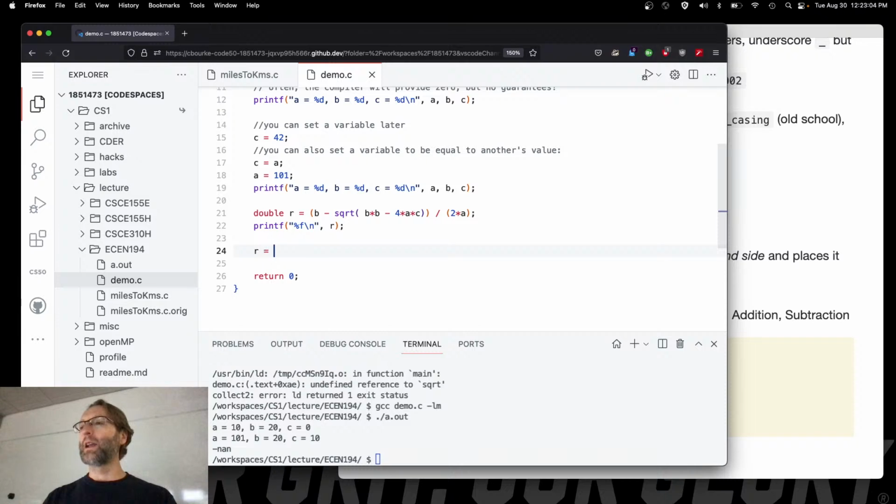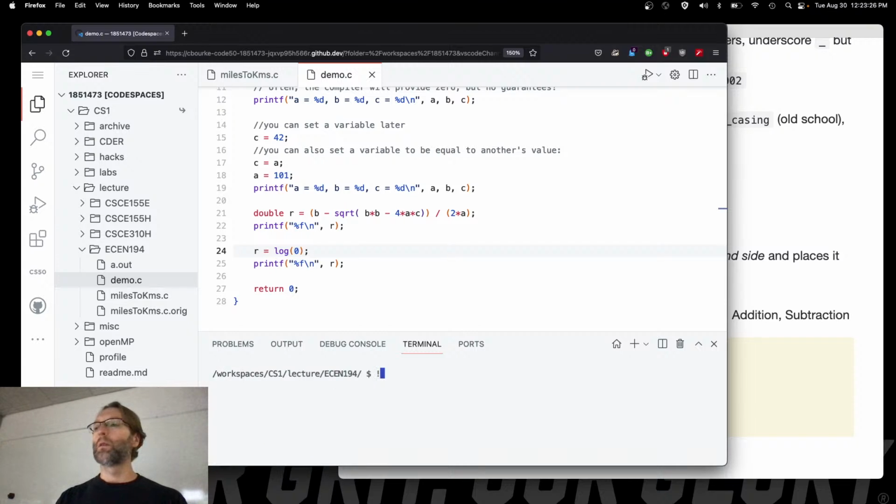Let me go ahead and reassign R here to be log of 0. Right? And let's print that out. Log is the natural log, so base e. So normally you would actually call this ln, but it's not called ln in C. It's called log. Right? What is the natural logarithm of 0?